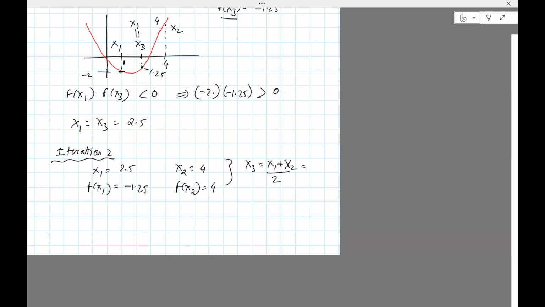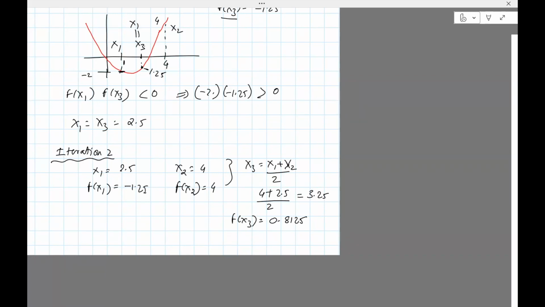So that's 4 plus 2.5 divided by 2. That comes out to be 3.25. F of x3, so f of 3.25 is 0.8125.